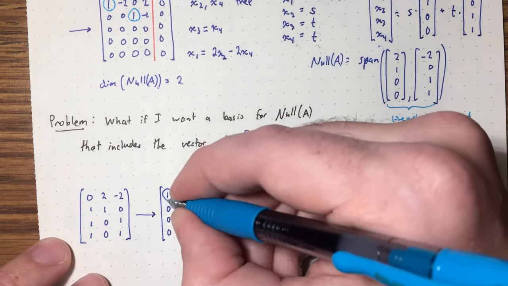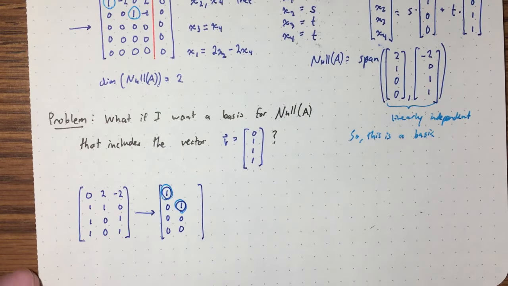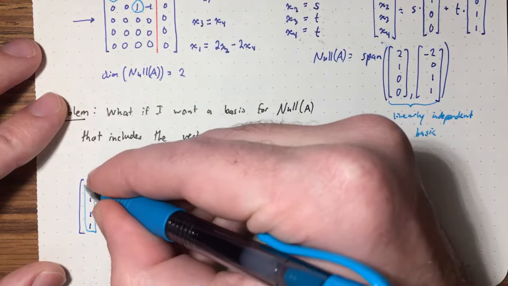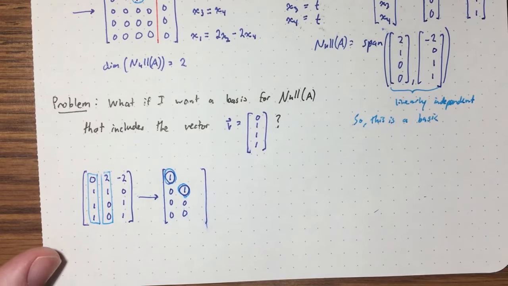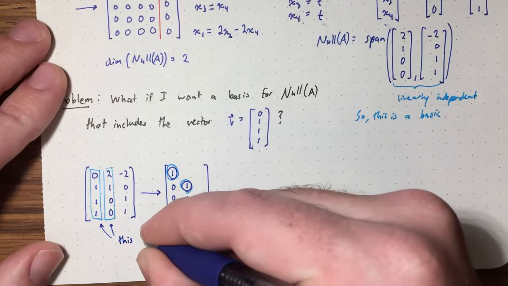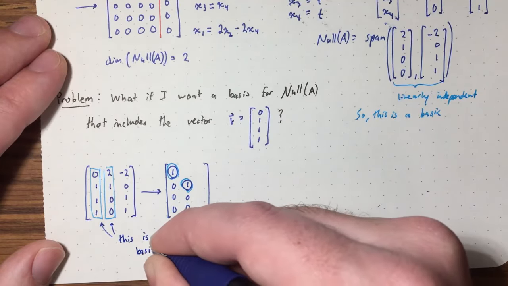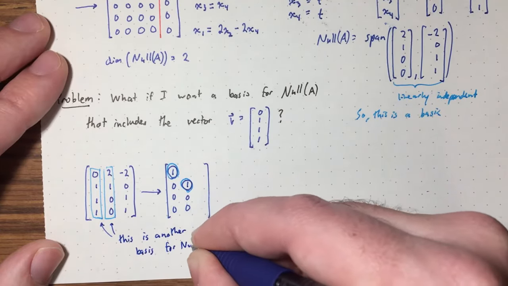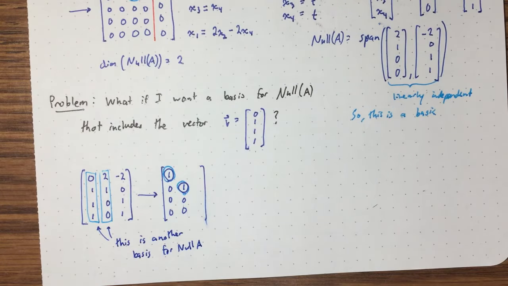But you see these two ones here, this one and that one, they're telling me I need to take the first two columns. Okay. So this is another basis for a null space of A, and it includes the vector that we wanted, right?